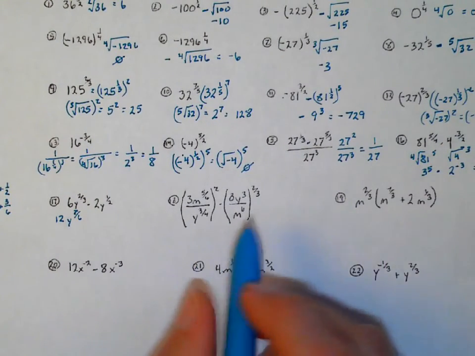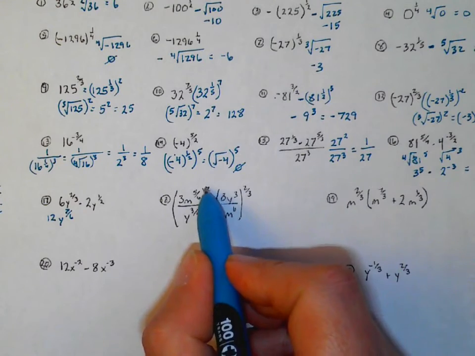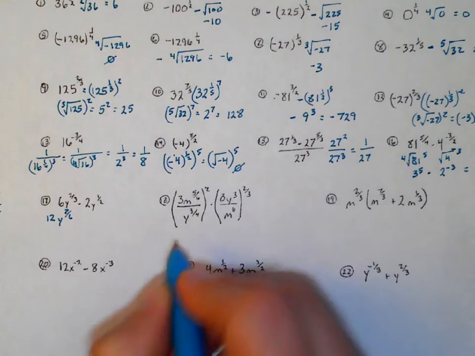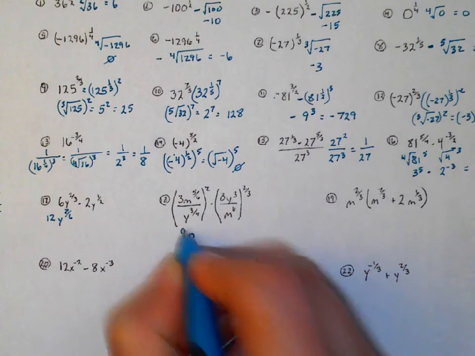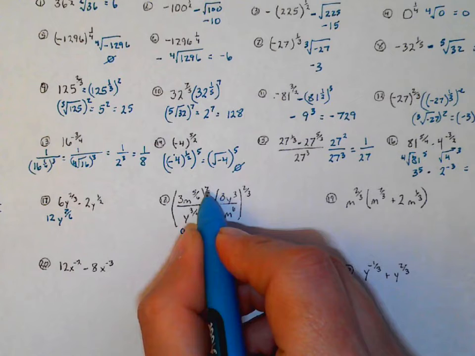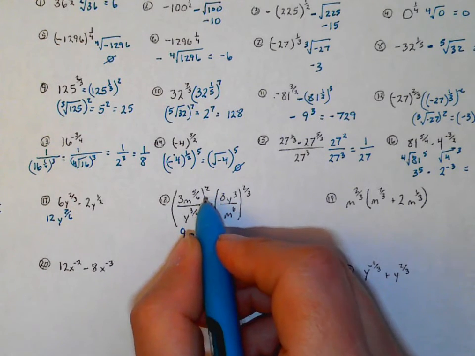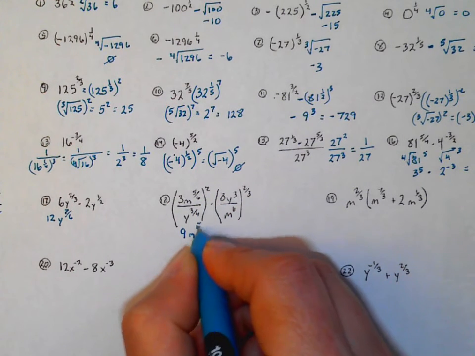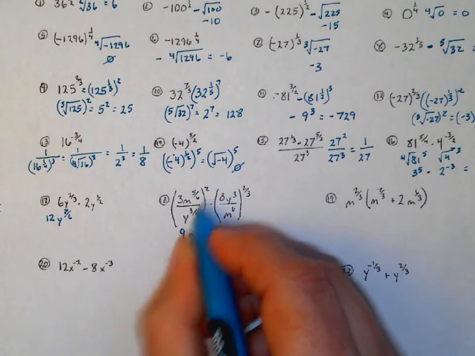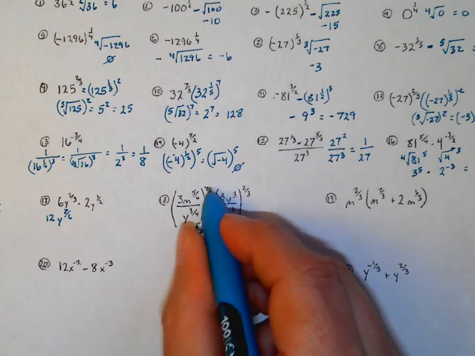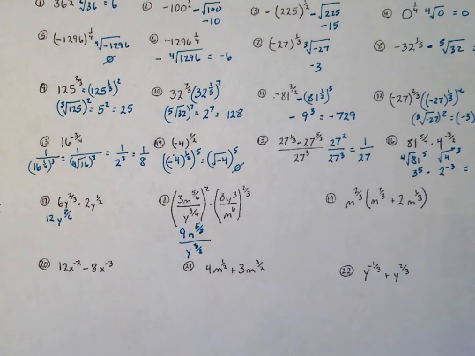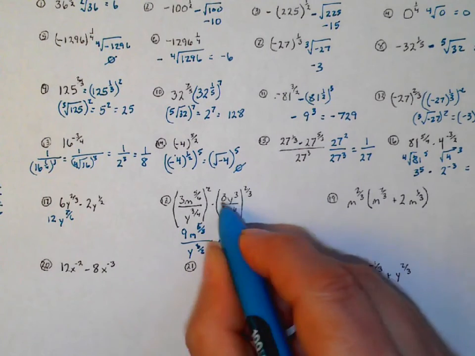Okay, next one. With the exponents here, we're going to distribute them through to all the things in there. So this would be 3 squared, which is 9. That's a 5/6. So 5/6 squared would be 10/6, which would be 5/3. And this would be y to the 6th, multiplied by 3/4, which would be 6/4, which would be 3/2. 8 to the 2/3.